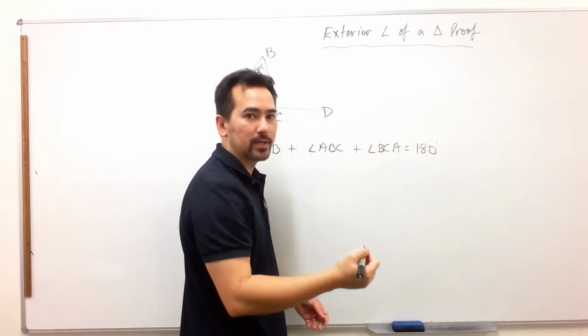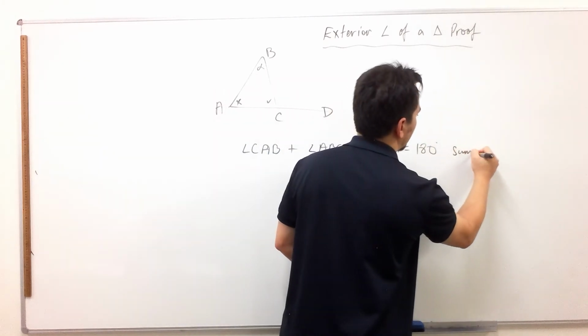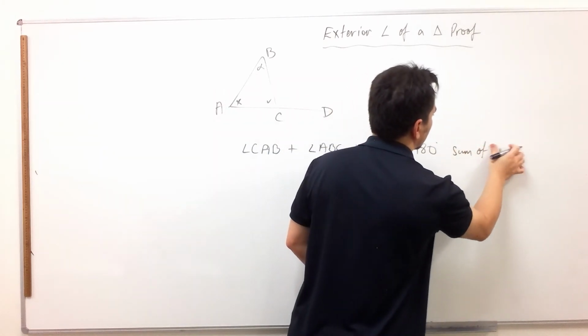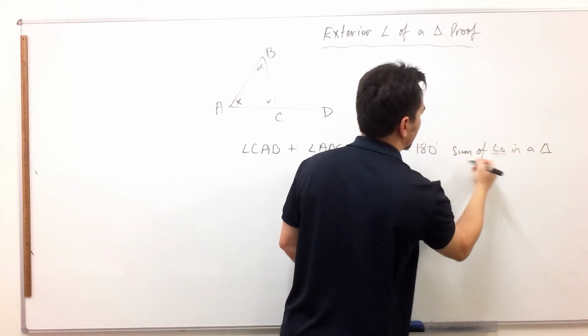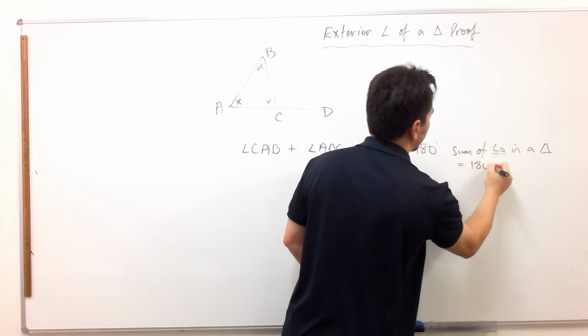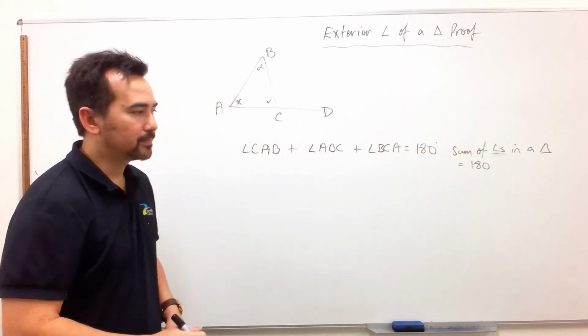And the reason for that was the sum of angles in a triangle equals 180 degrees. Okay, so that's the reasoning behind it.